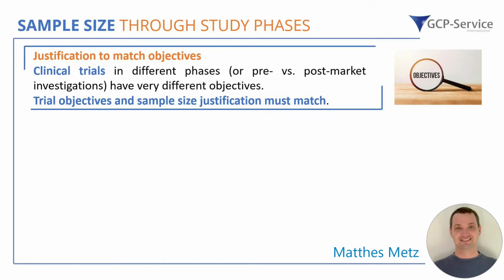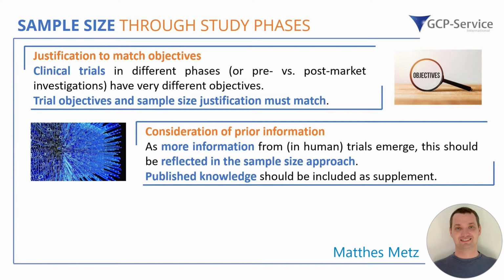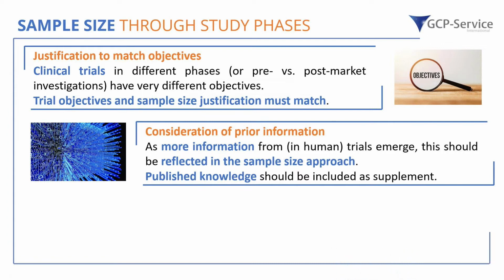This is important. The second thing is that when the drug development proceeds and we obtain more evidence over time, then this evidence should always be included when we do a sample size calculation. For example, as you remember, when we make the sample size calculation, we have to assume the treatment effect and the variance.